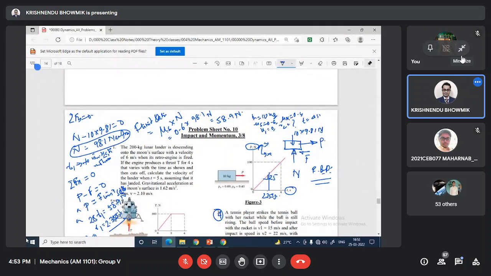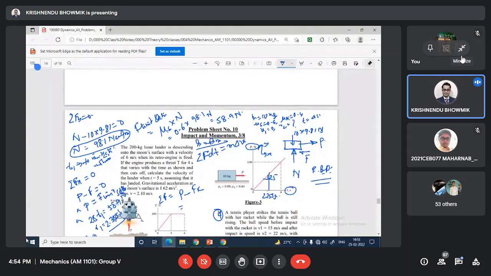Now, in motion conditions, summation F dt equal to m delta v. What is summation F for that case? Summation F equal to P minus Fk. Is not it?